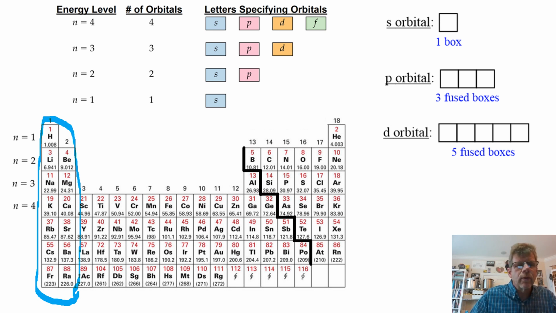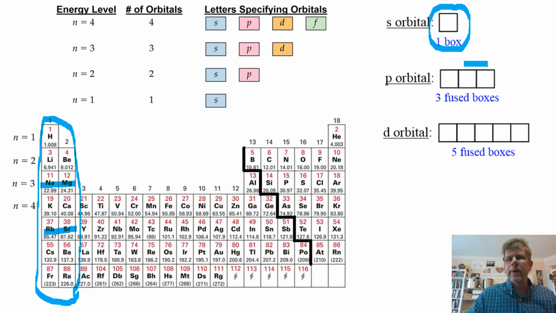Well, it's 2. There's 2, 1, 2. Anywhere you go in the S block, 1, 2. And so the S block is 2 elements thick. How many electrons can fit in an S orbital? 2 electrons in an S orbital. S block, 2 elements thick. Coincidence? I think not.